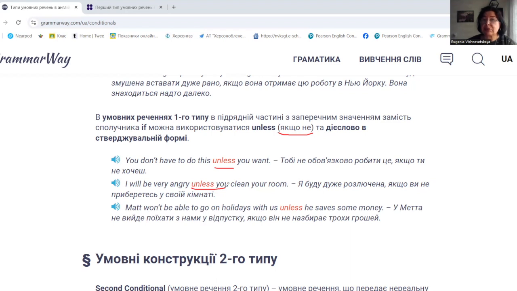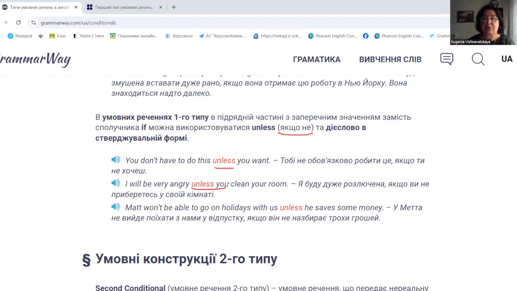So, a short revision. We use conditional type 1 if we want to show the real condition. It means that it will really happen. This sentence consists of two parts, the main clause and the subordinate clause. In the main clause, we use future simple. In the if clause, we use present simple.